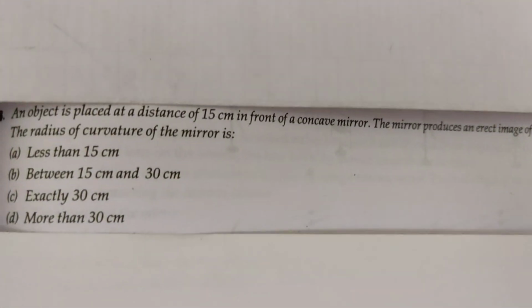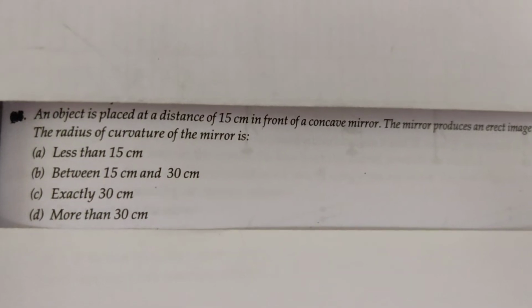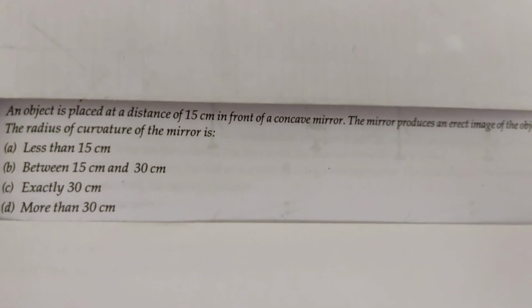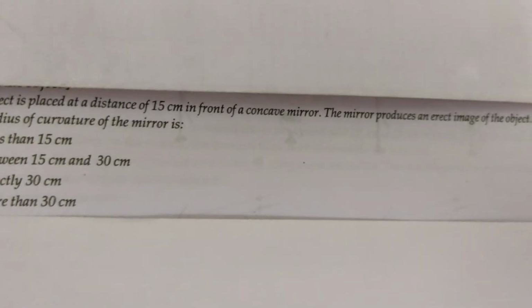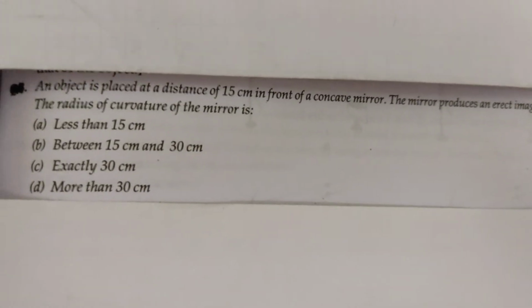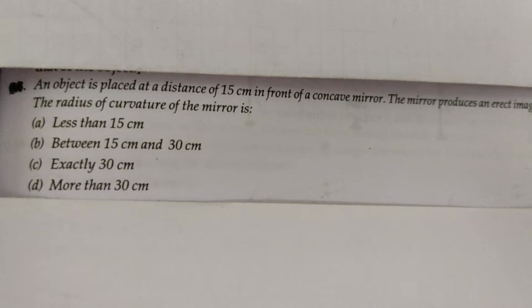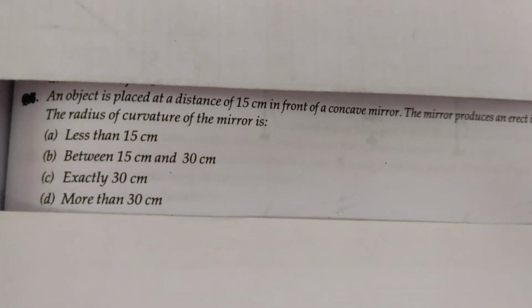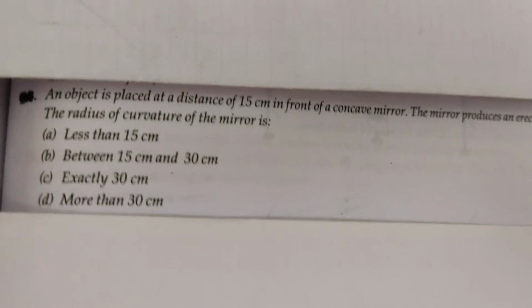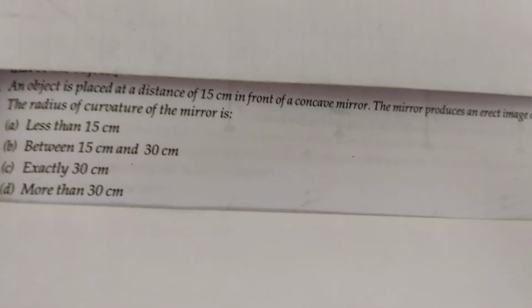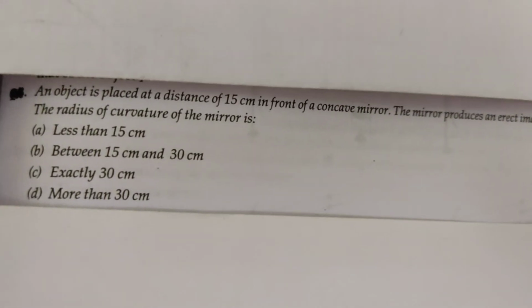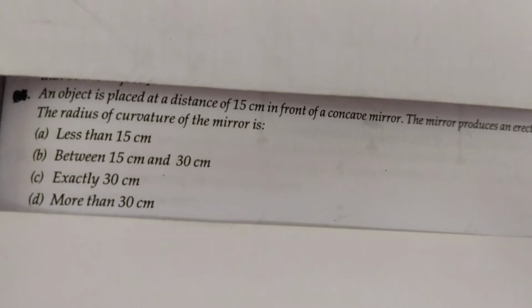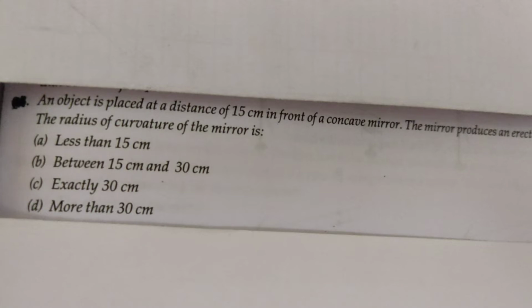Now the next MCQ is, an object is placed at a distance of 15 cm in front of a concave mirror. The mirror produces an erect image of the object. The radius of curvature of the mirror is. Now, if an object is placed at a distance of 15 cm and an erect image is formed, it means a virtual and erect image is formed. We know this is possible only when the object is placed between focus and pole.